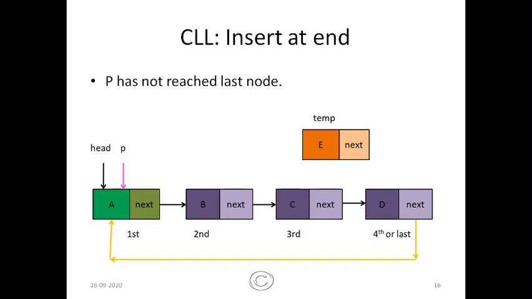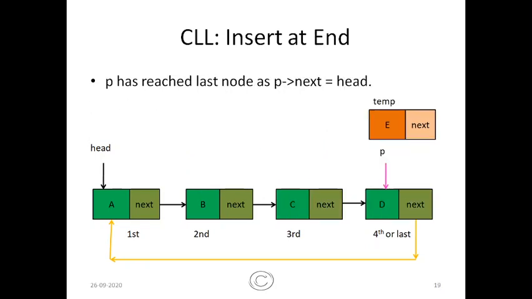Now the head address will be assigned to p, and p will jump to the next address till it finds the last node. So how do you find the last node? When p's next is equal to the head node address. We have not reached it yet, so next we will jump to b, then c, then d.